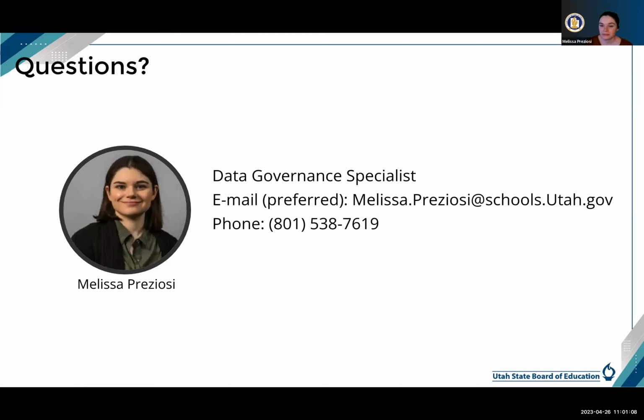So if you could please just open the document, and my example was using exit codes. So the codes you would use to identify why a student left a school system. So if you open the document and you go to the student record, and then if you go to page 31, that is where you have the exit code detailed field descriptions.